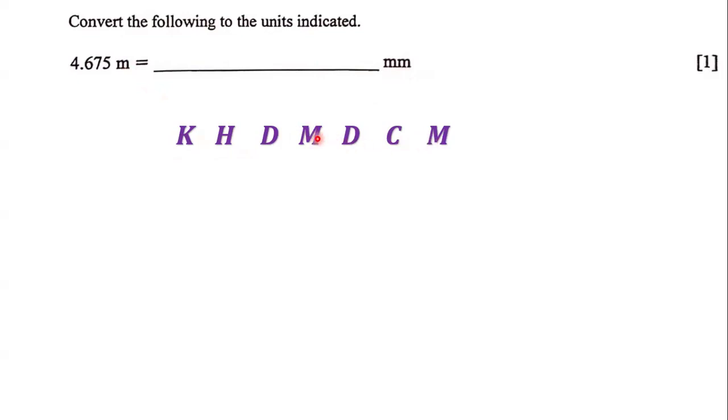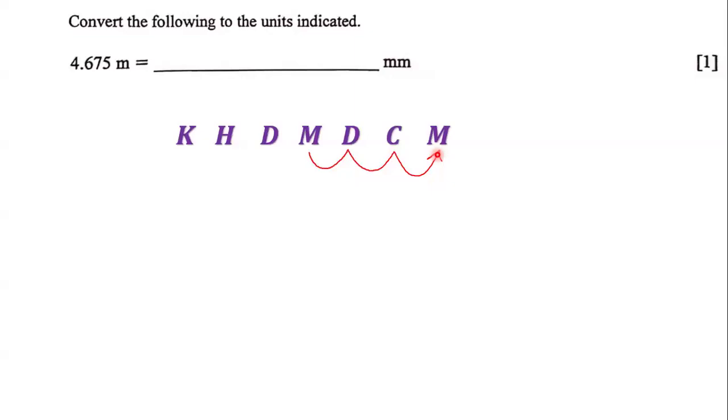But we're moving from meters to millimeters. So my question is, how many times will I move over? 3 times. So it's going to go 1, 2, and 3. So we move over 3 times.